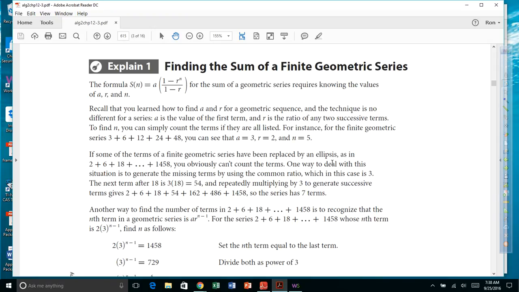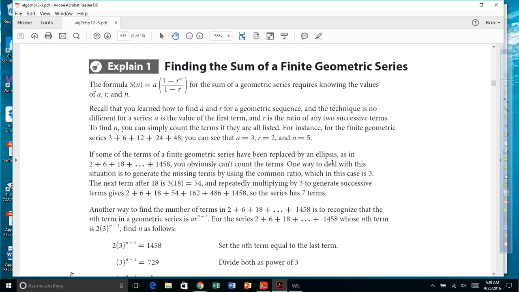A is the value of the first term, and r is the ratio of any two successive terms. To find n, you simply count the number of terms if they are all listed. For instance, for the finite geometric series 3 plus 6 plus 12 plus 24 plus 48, you can see that a equals 3, r equals 2, and n equals 5.